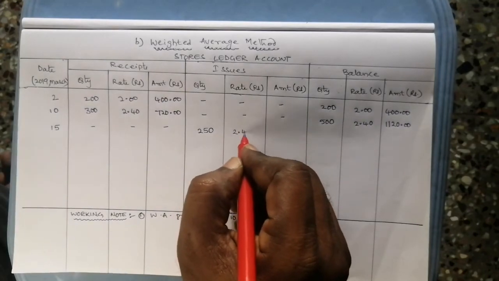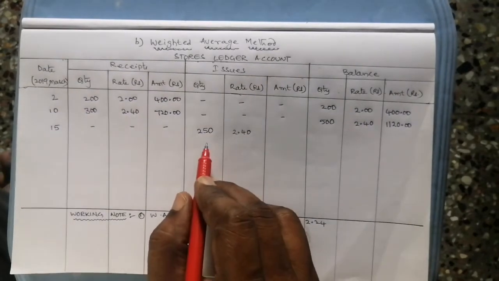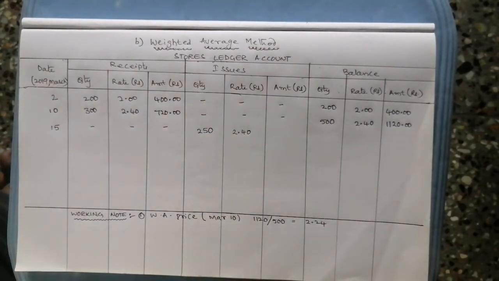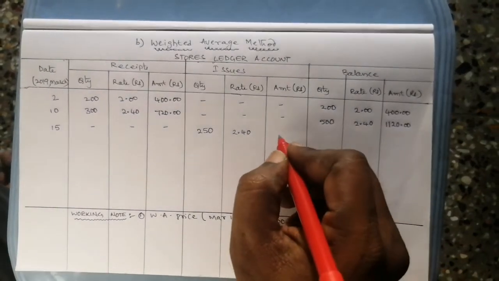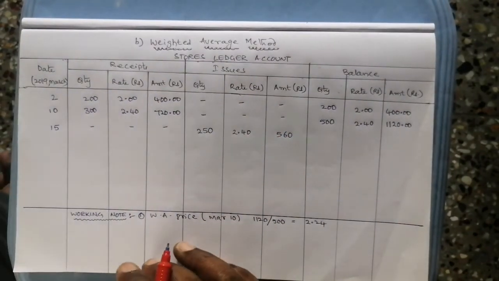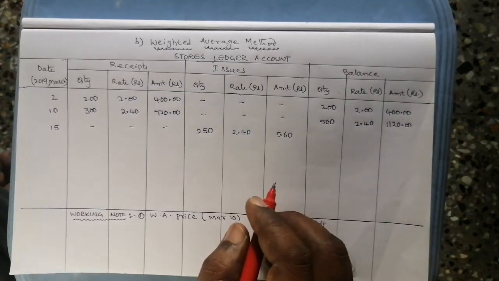What is the rate? 2 rupees 40 paisa. 250 into 2 rupees 40 paisa is equal to... Sorry, not 2 rupees 40.